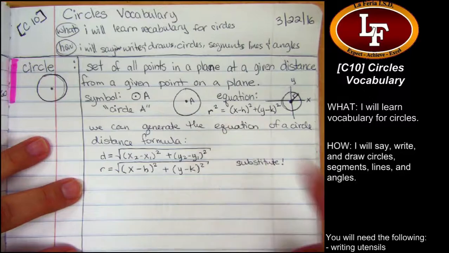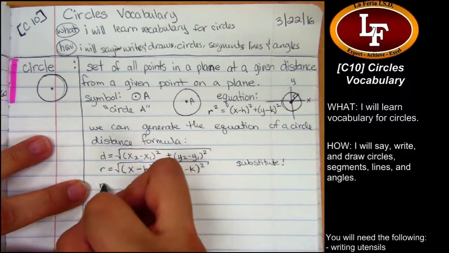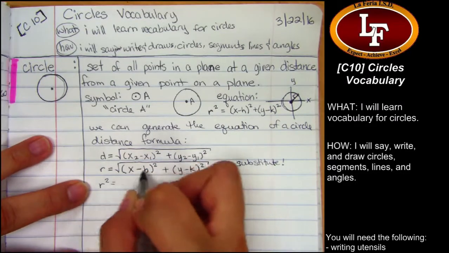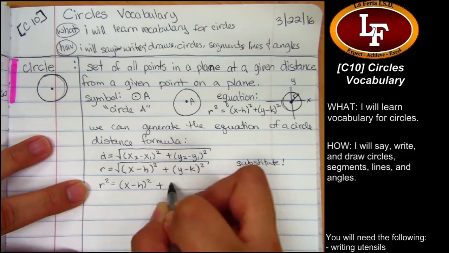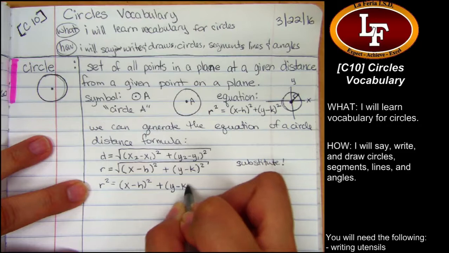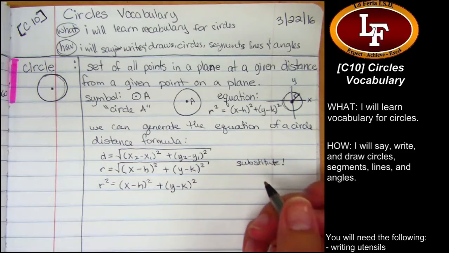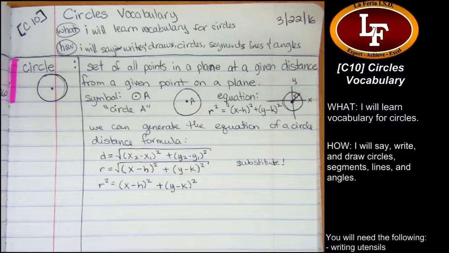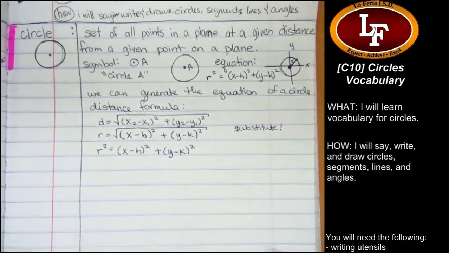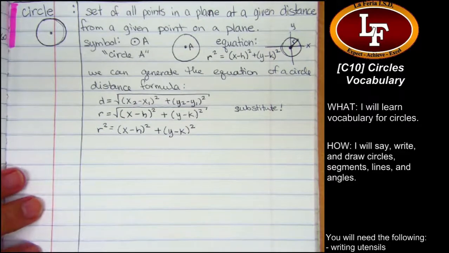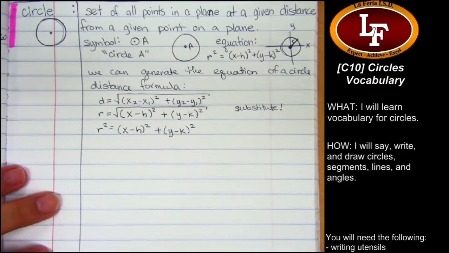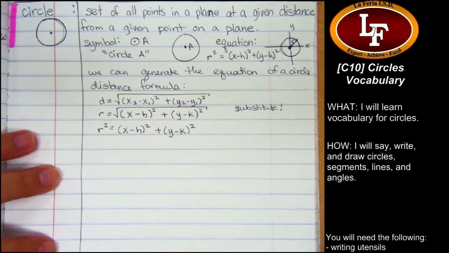Now to get to our final equation, I'm just going to square everything in order to get rid of that very pesky square root. So when I square both sides of the equation, the right-hand side loses its radical because a square is the opposite of a square root, and the left-hand side gains a square. Okay, so that's how we can generate the equation of a circle in standard form from the distance formula.